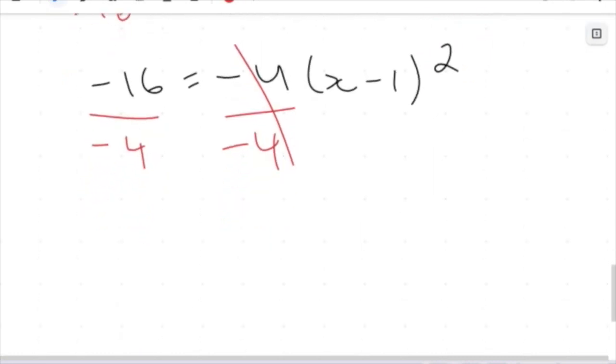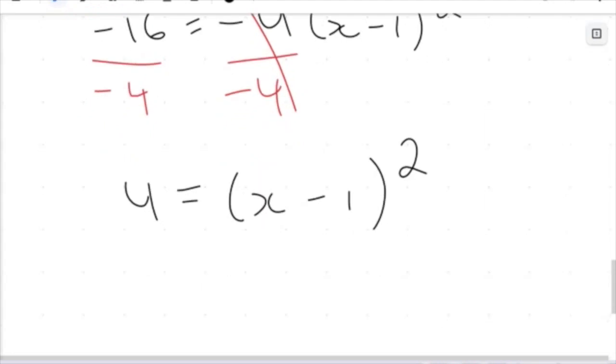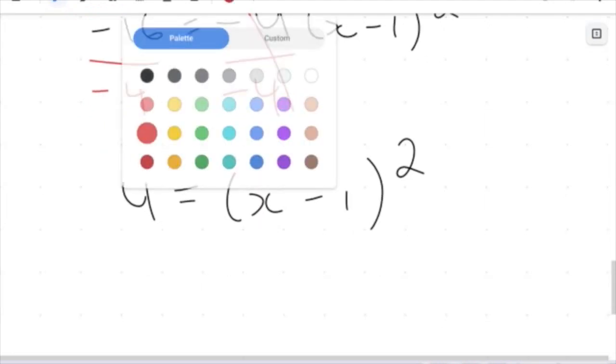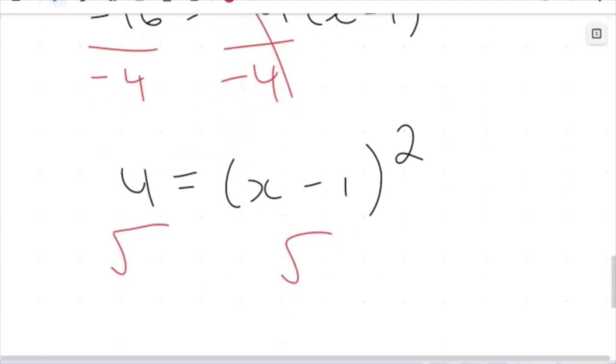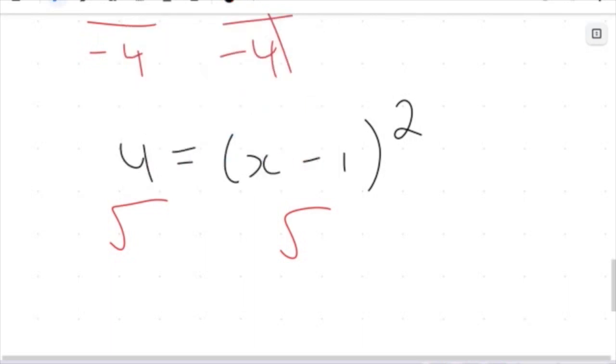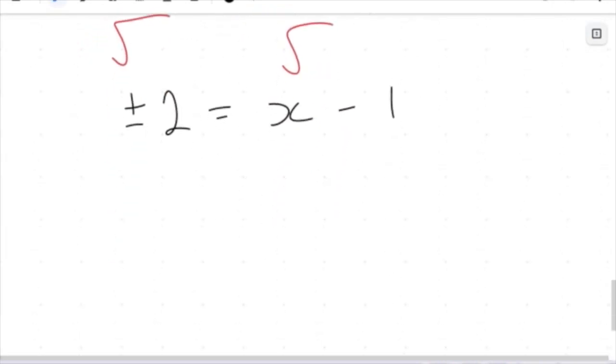And I end up with 4 here equals x minus 1 all squared. And then now I can just solve this by taking the square root of both sides. So the square root of 4 gives me plus or minus 2, because remember I can have two solutions, and that equals x minus 1. So that means that I have two possible solutions here.